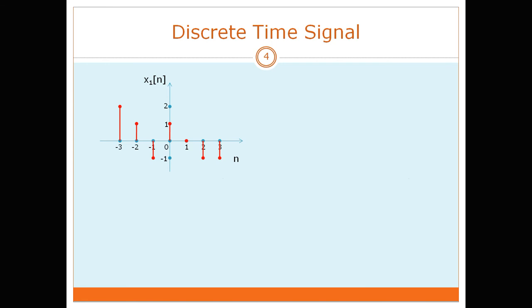Okay, the signal has been given like this, and the second signal x2 of n is also given like this. As this is a discrete signal, it has a value only at a particular point.